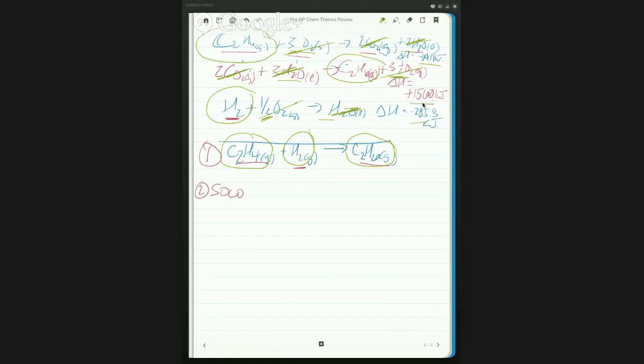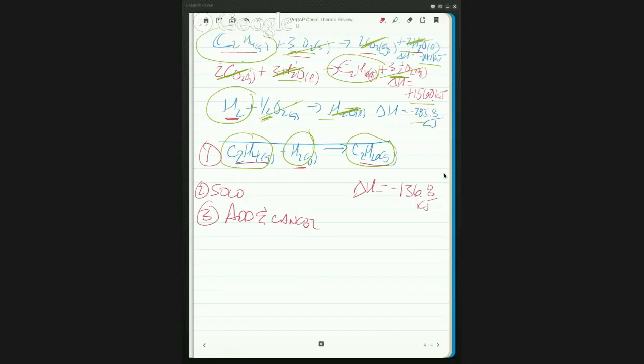I'm sorry, the last step here, I didn't mention, is adding and canceling. The last step, the third step, is add and cancel. So I canceled out the things that are the same on both sides and I added them together to get to the right thing. And that's where you multiply and divide. So my delta H for the whole thing was equal to negative 136.8 kilojoules, okay?